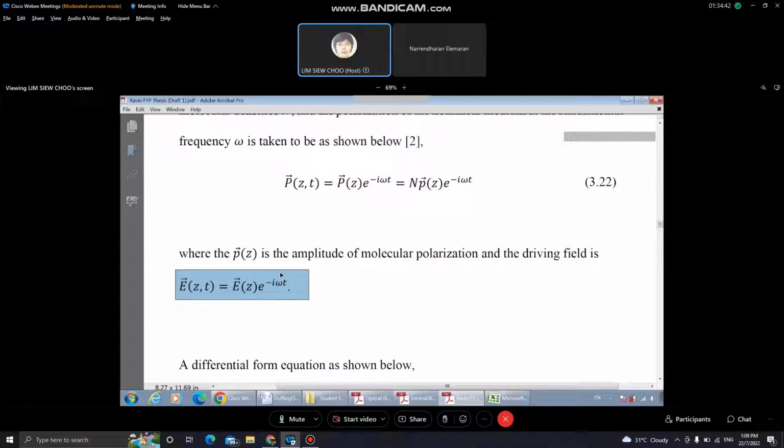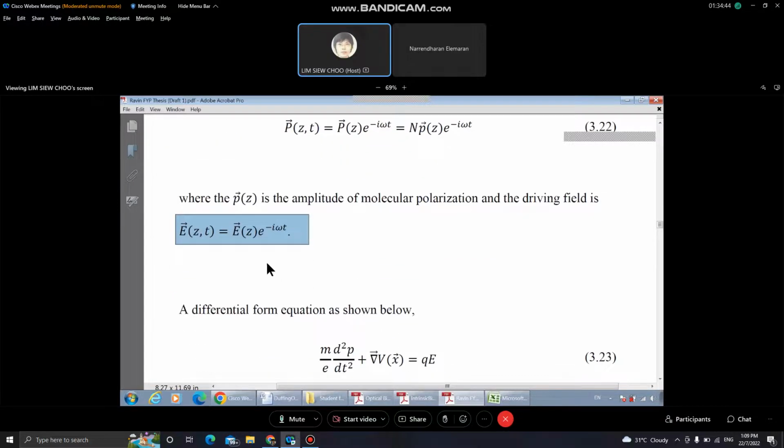But maybe you want to add something. Okay, you can see what I highlight. Maybe you want to put plus CC. Okay, plus CC. And then you add the half here, 1/2.